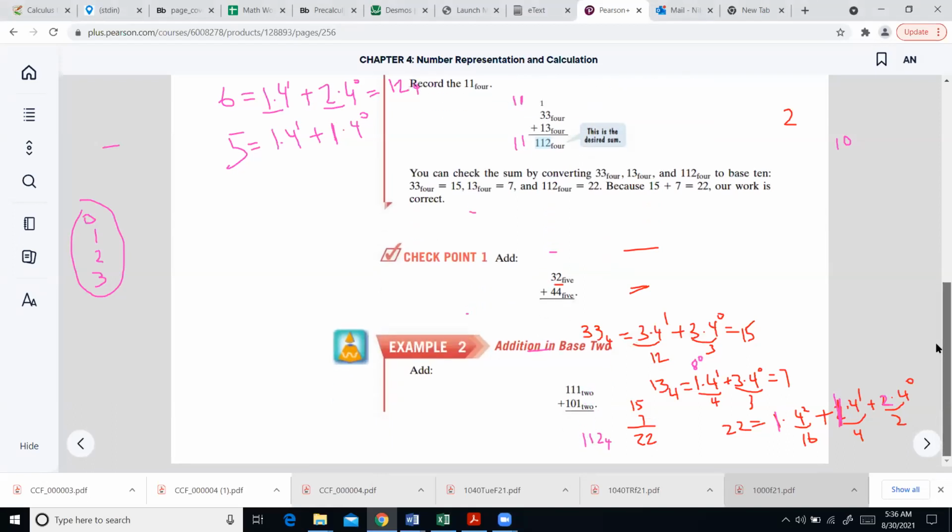So let us try one more example. Just look at the second example here and see how we could add the numbers in base 2. And again, I'm not going to convert them to base 10. I'm just going to use these digits 0 and 1.